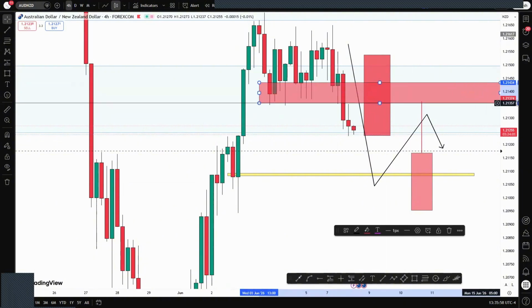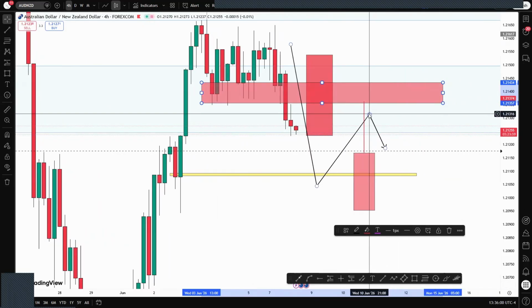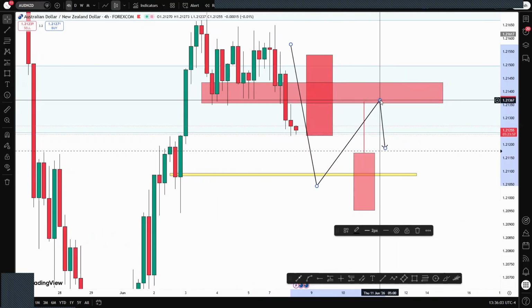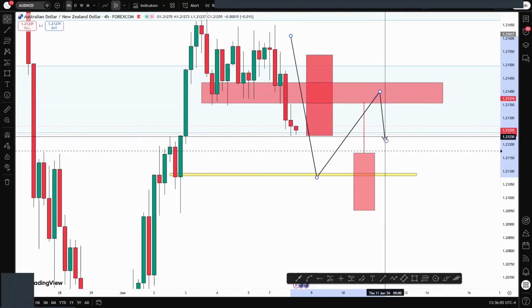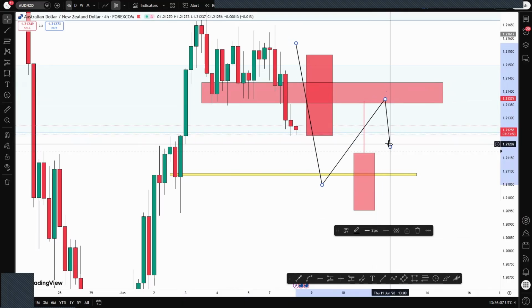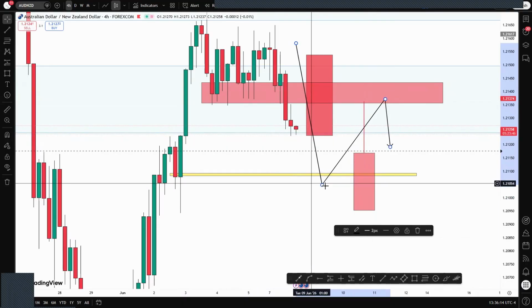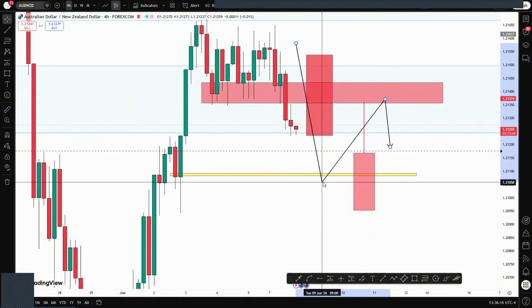You see? And then price can sell. This is what we might end up doing, if we just get the immediate drop and a break below this point here.